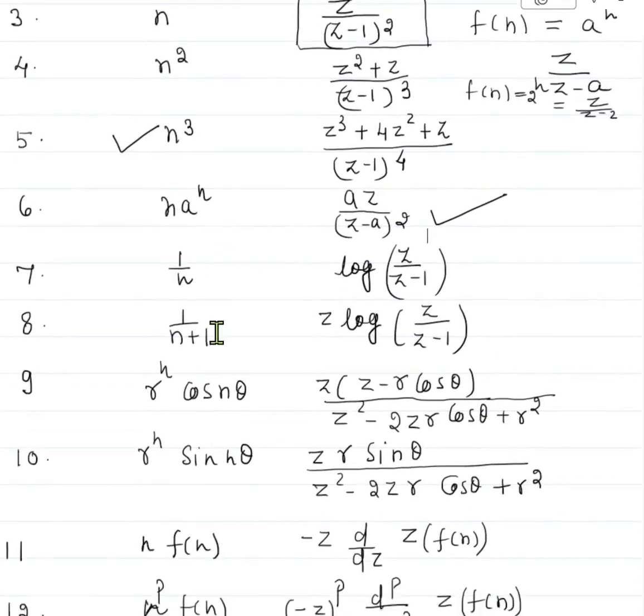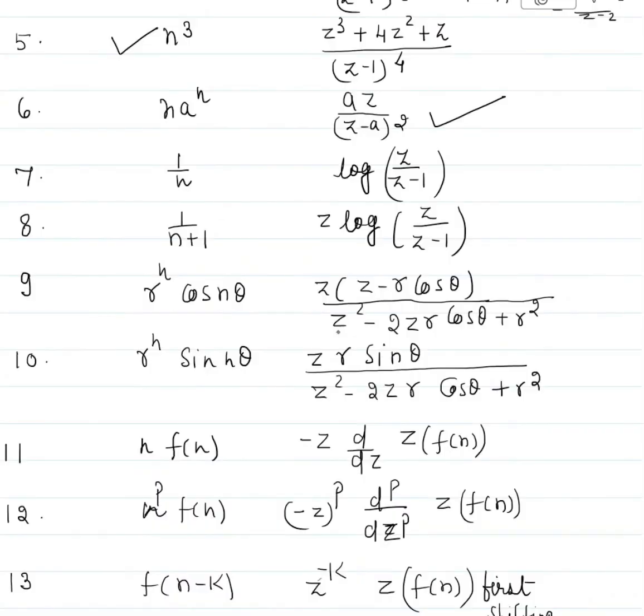Now, what is the Z transform of 1 upon n? The Z transform of 1 upon n is log z upon z minus 1. So we have to use this formula if in any question you want to write the Z transform of 1 upon n.